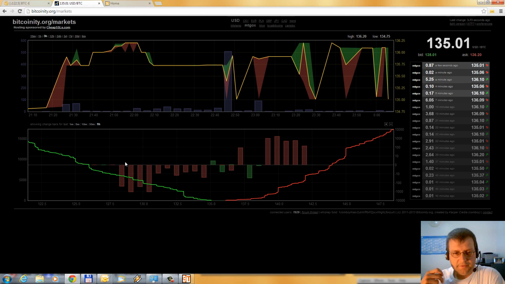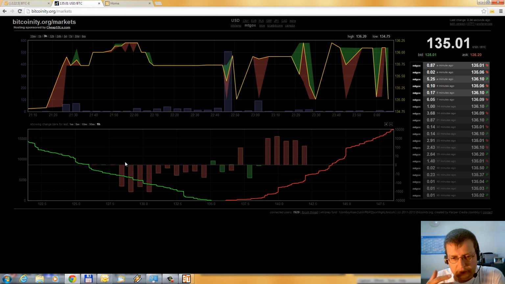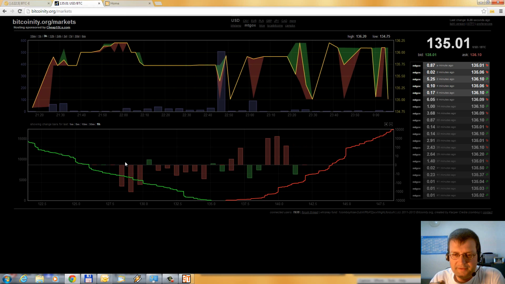Okay, at the moment we can see the change bars of the last hour. And this picture is more clear. We have a lot of red bars, so this means that the price is likely to go down.